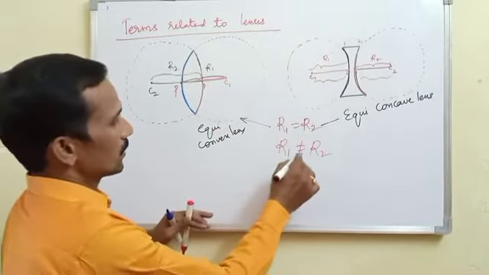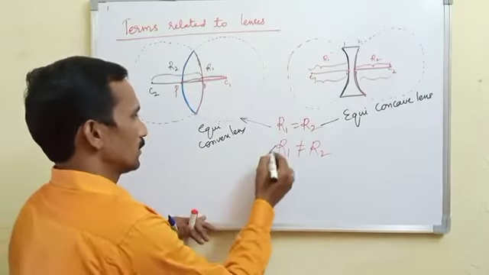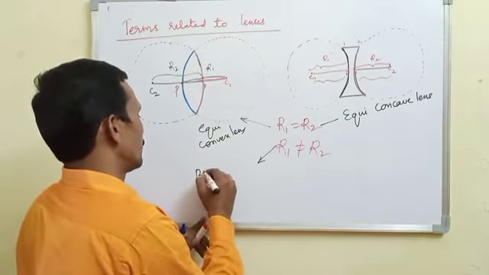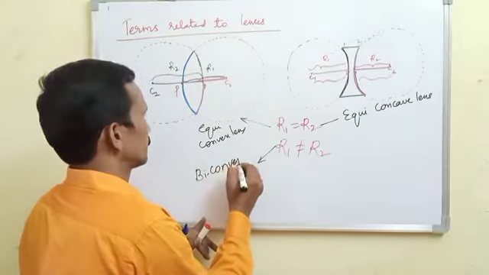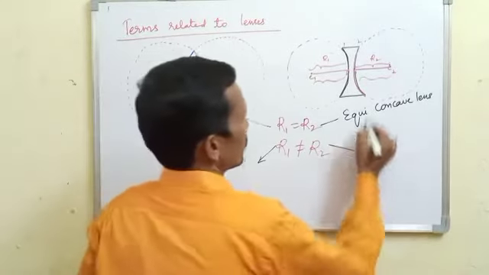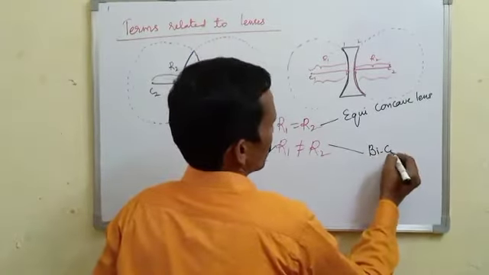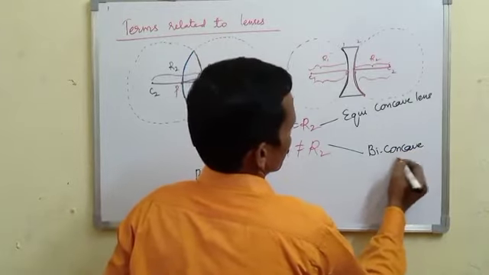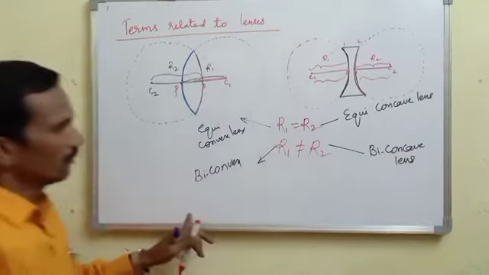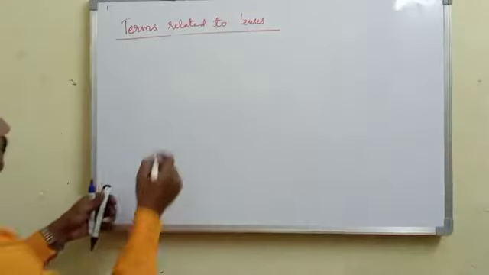If R1 does not equal R2, in that case it is simply called a biconvex lens, and in this case a biconcave lens. Okay.